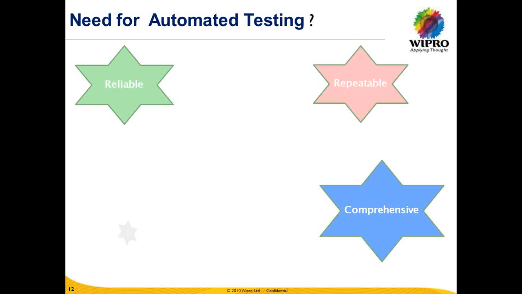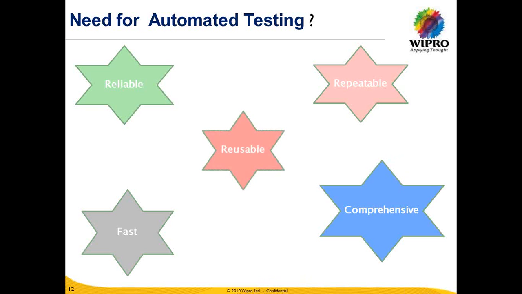It's also much faster than manual testing. And the final point is it's reusable. I write a script for Android, and the same script I can use for other devices like iOS, BlackBerry or Windows phones. So these are the advantages, the criteria for going for automated testing.